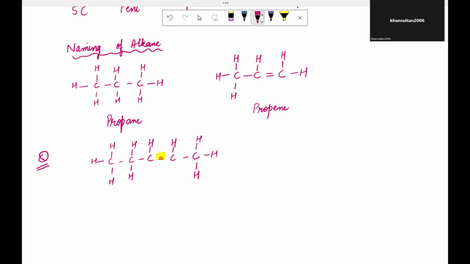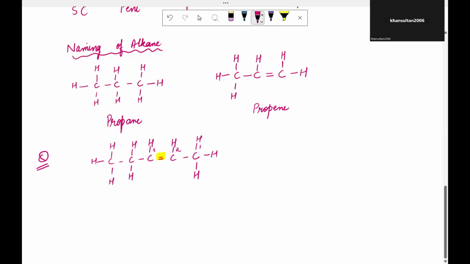We will always be starting this chain from the carbon which is nearest to the functional group. So functional group is basically double bond. If we are going to start from this place, this is one carbon, two carbon, and three carbon. But if we are going to start from this place, this is one carbon and second carbon. So it is closest from this place. So we are going to name it from this place.